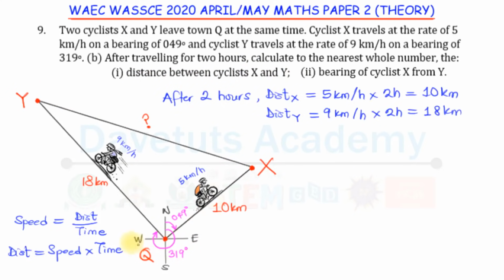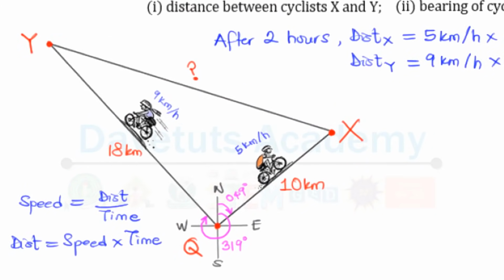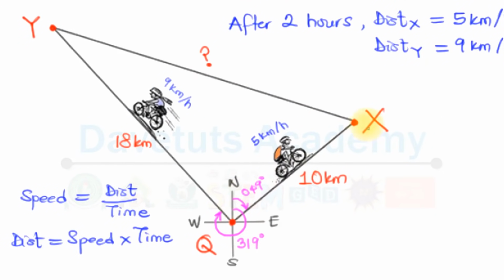So here at point Q, originally we have this bearing of X from Q to be 49, and then we have the bearing of Y from Q to be 319, but we want to look for this particular angle. And how do we find that? From north to north is the angle at a point, and that is 360 degrees. And from that 360 degrees, we have already taken 319 out.